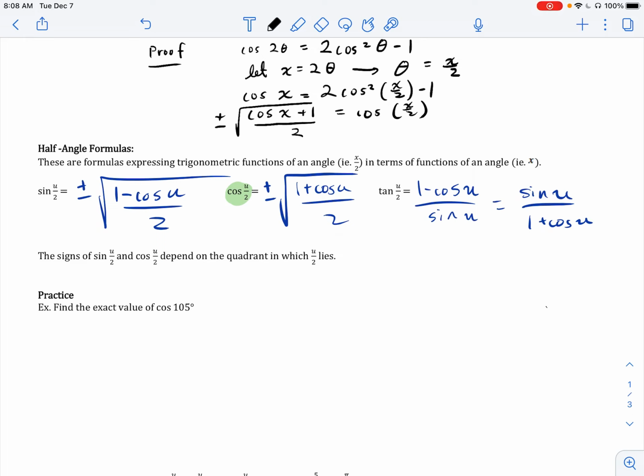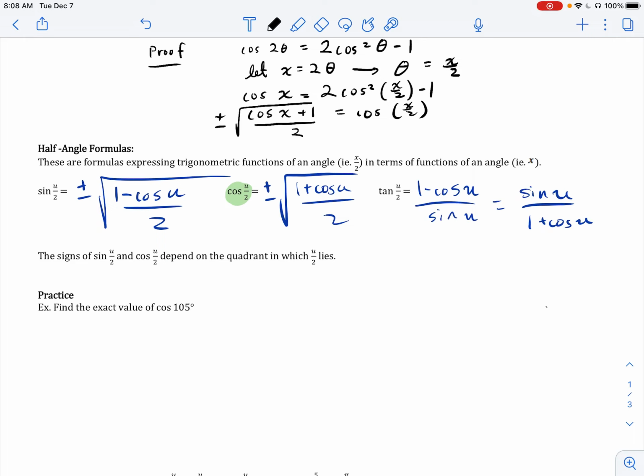So we see now that the cosine of half of some larger angle x is equivalent to plus or minus, meaning the positive or the negative square root of cosine of that angle x plus 1, over 2. Again, on an algebraic level this may not make a ton of sense just yet, but hopefully when we start seeing it with specific values, it will make a little more sense.